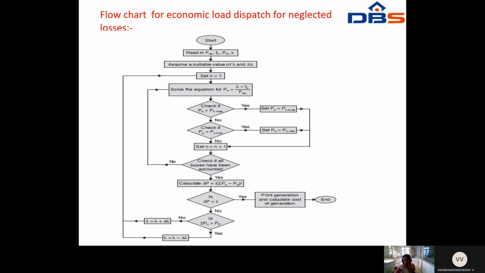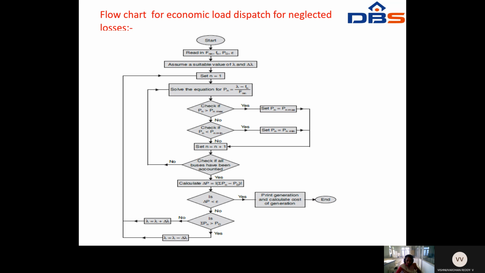If some buses are not accounted, then go to the fourth step and solve the equation for Pn, and check the conditions Pn greater than Pn maximum and Pn less than Pn minimum. When it is yes, we go to these steps. When it is no, we set Pn equal to Pn minimum. When this condition is satisfied, calculate delta P equal to the sum of Pn minus Pd.